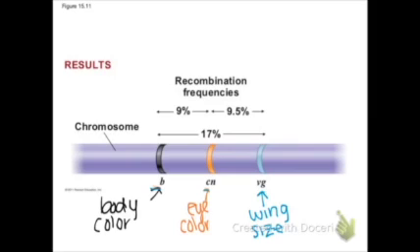Due to the recombination frequency of 9% between B and CN, and the 9.5% recombination frequency between CN and VG, Sturtevant concluded that CN would be positioned halfway between B and VG.